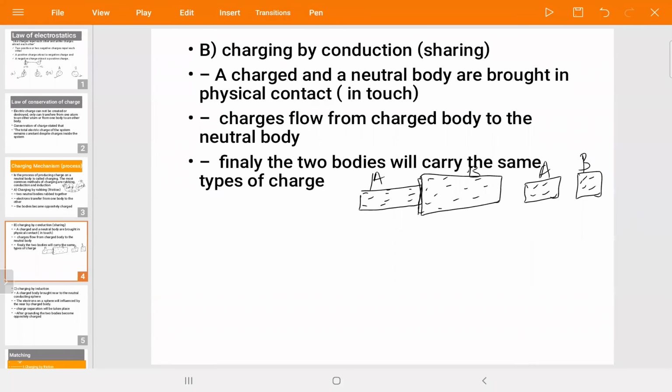Charges will flow from the excess region to the less, deficient or scarce region. Then after the charges flow, finally they will have the same sign, carrying charges of the same sign.